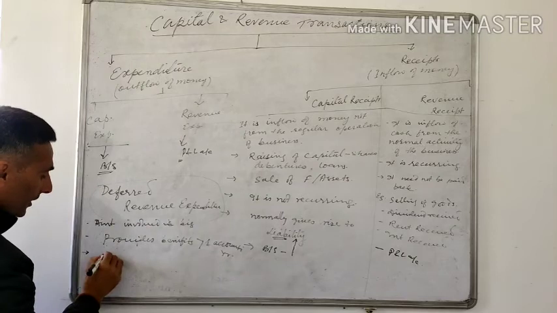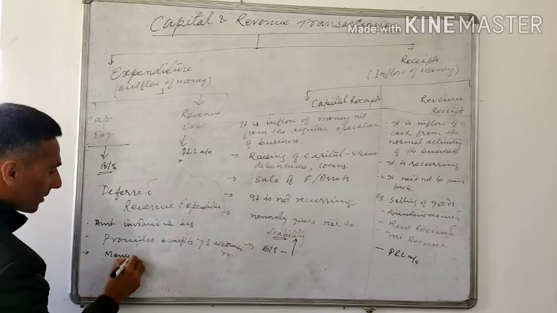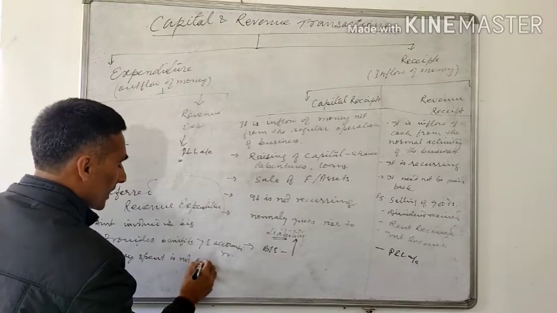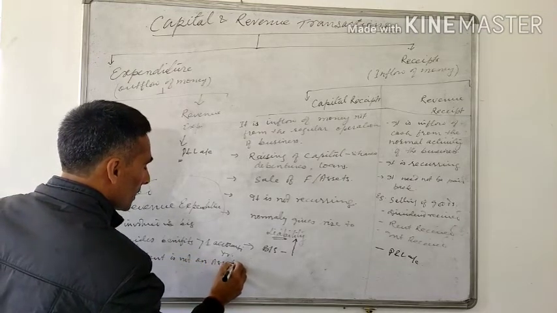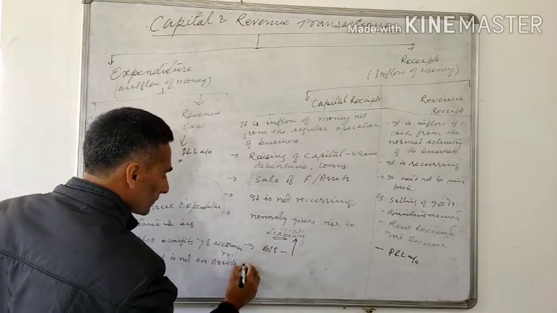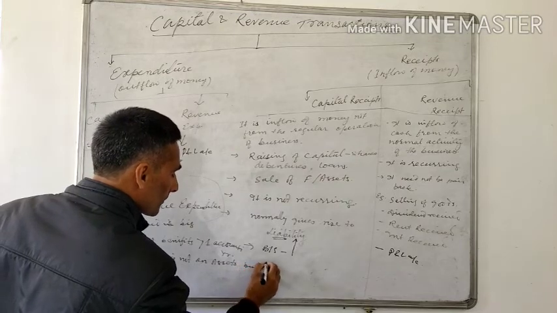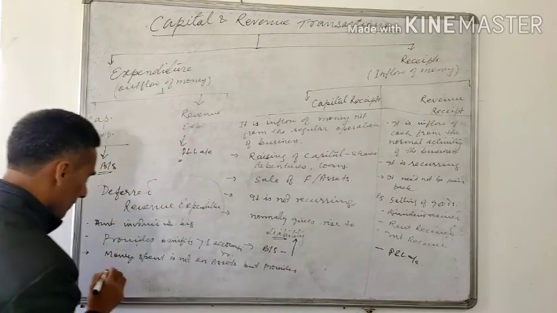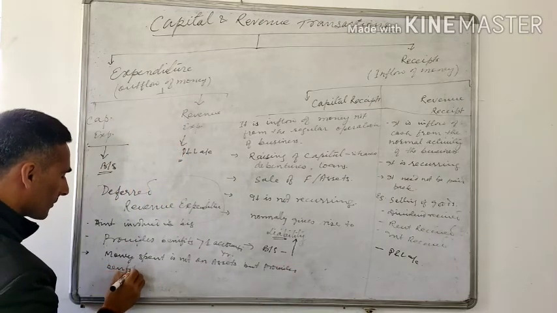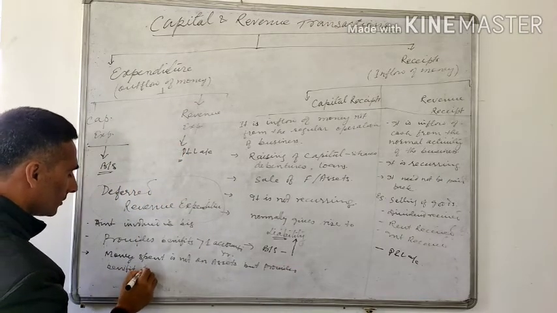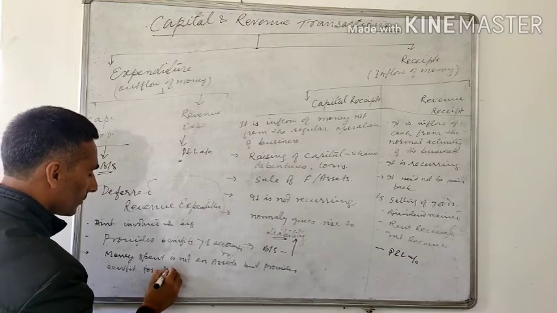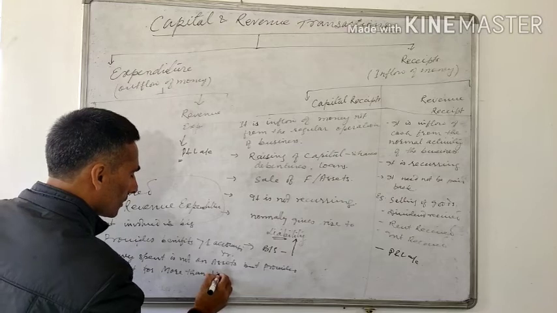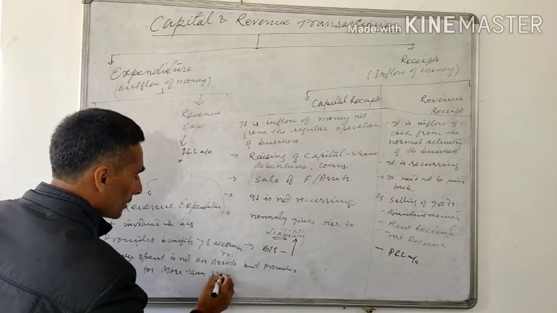Okay? Money spent is not on an asset, but provides benefit for more than one accounting year.